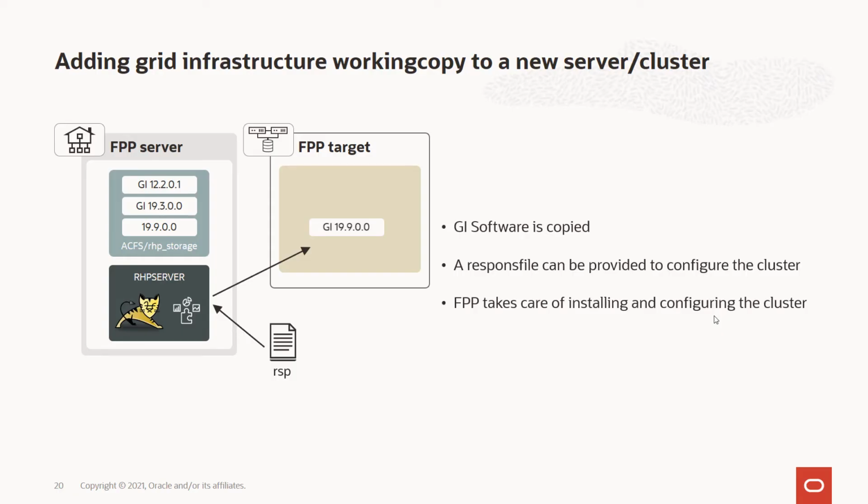So in this way, there is a little preparation for having the proper response file prepared, but then we can have the response file deployed on our target and point to it from the command line, specified as a parameter, and have the FPP server take care of the cluster installation for us. So this is very, very cool.